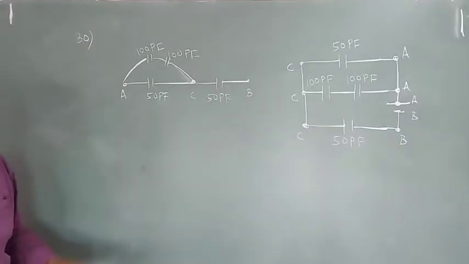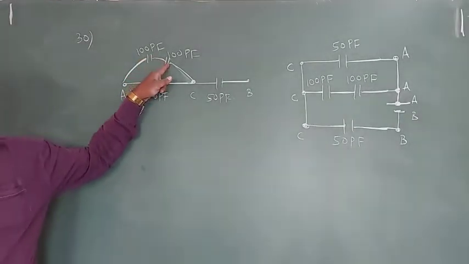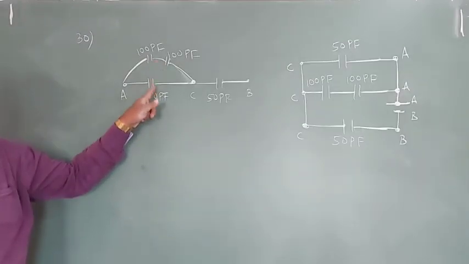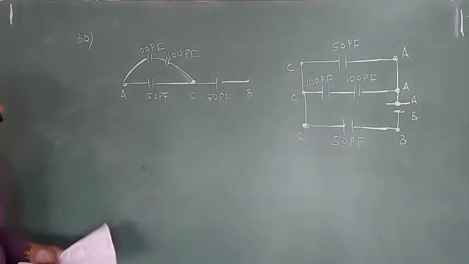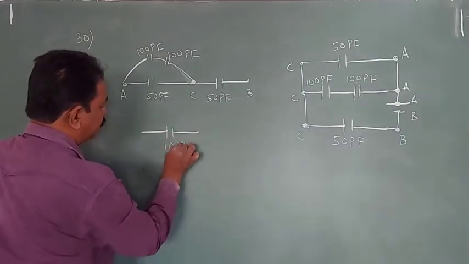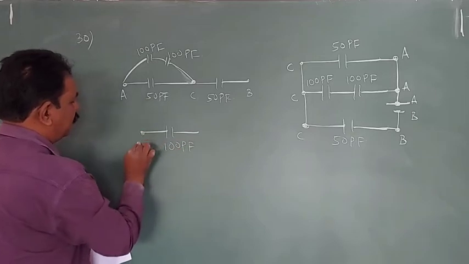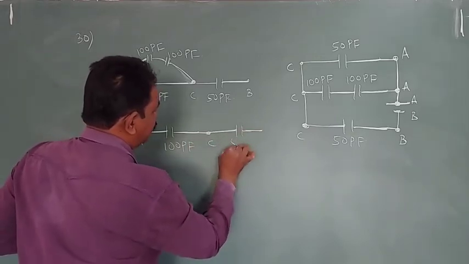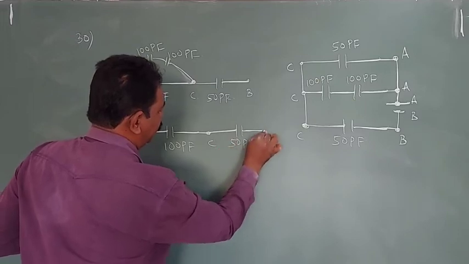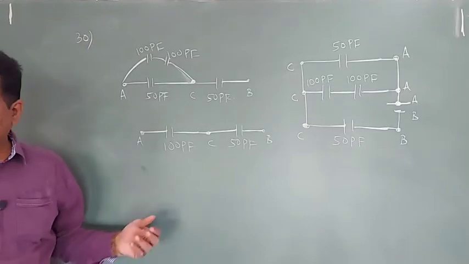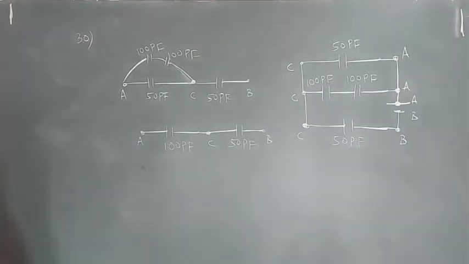See what will happen? These two are in series. This will be equal to 50, 50, again 100. So here 100 picofarad between A and C, and this will be 50 picofarad. These two are in series. What will be the effective capacity?